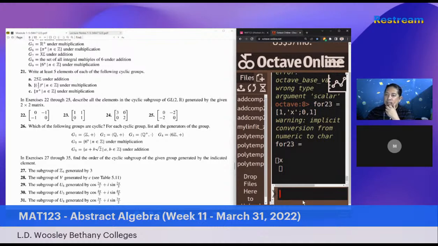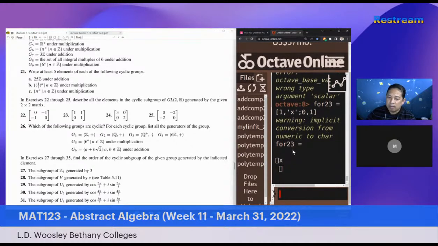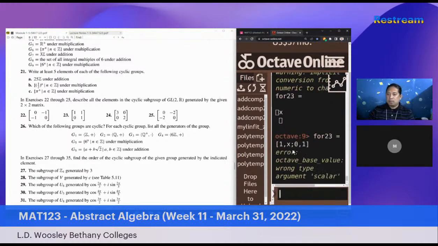So anyway, that would be [1 x; 0 1]. Supposedly the 1 should be generic for the identity, where x is a real number so that it includes 0, so the identity is included there. All right?